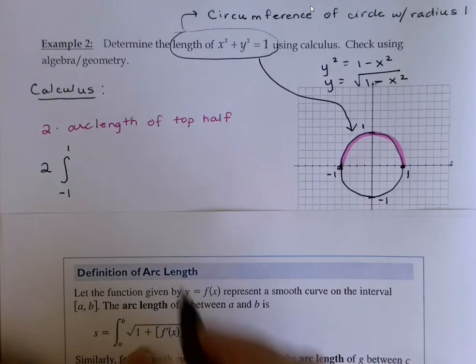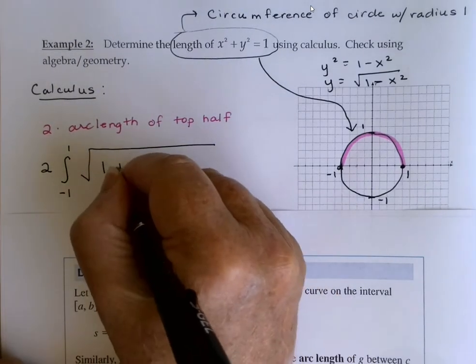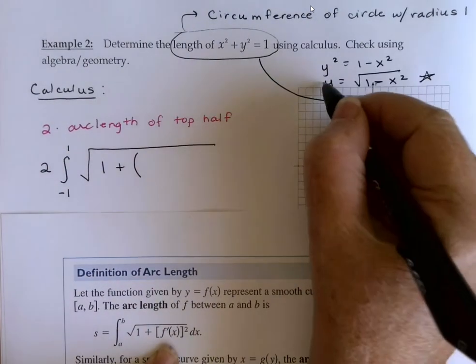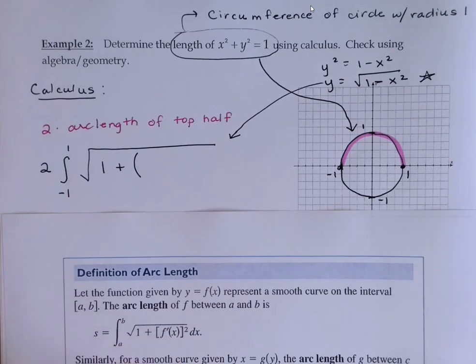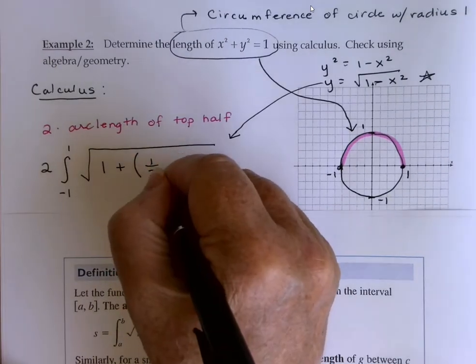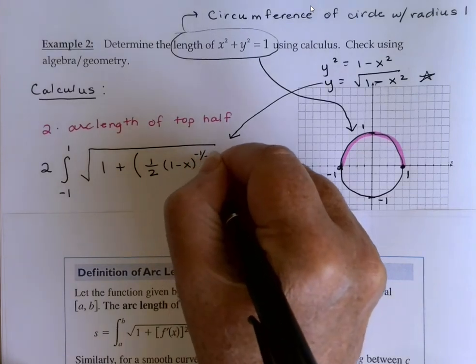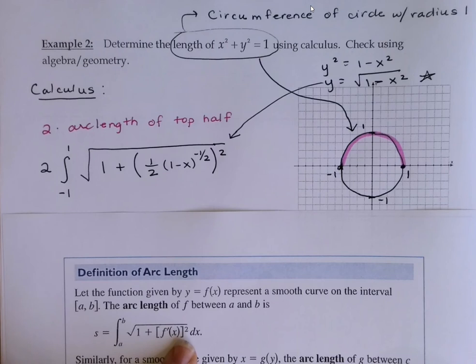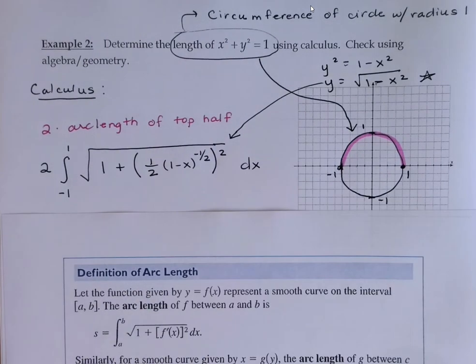And then I've got the square root of 1 plus, and then I need the derivative of this function squared. So my derivative would be 1/2, 1 minus x to the -1/2, and then I square all of that, dx.